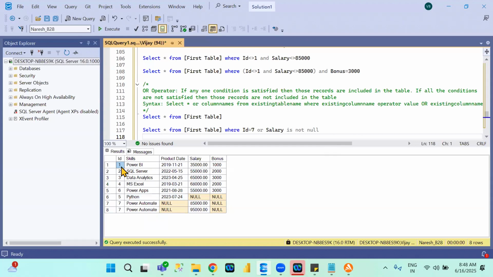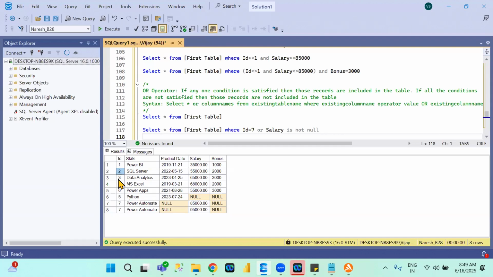If the first condition is not satisfied, you have to check the other condition. Because in our OR operator, if any one condition is satisfied, that related record is included. When it comes to here, is salary not equal to null? Yes, it is satisfied. Then can we include this record or not? Here the first condition is not satisfied but the second condition is satisfied.